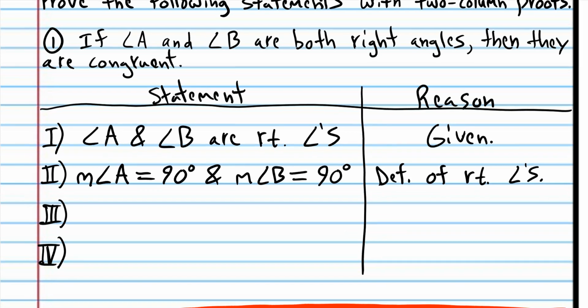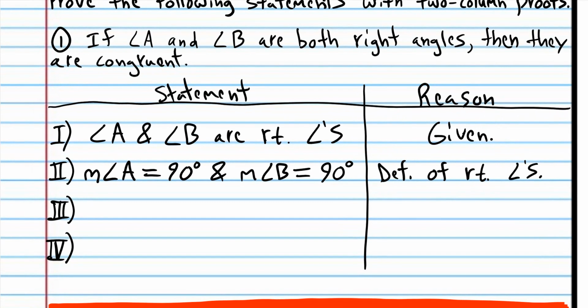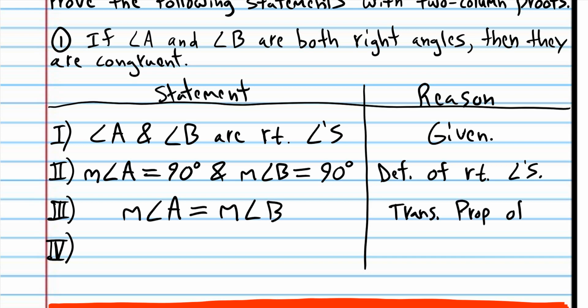Now, if the measure of angle A is 90 and the measure of angle B is also 90, if they're both equal to 90, then that means by the transitive property of equality, they must be equal to themselves. So the measure of angle A must be equal to the measure of angle B by the transitive property of equality.